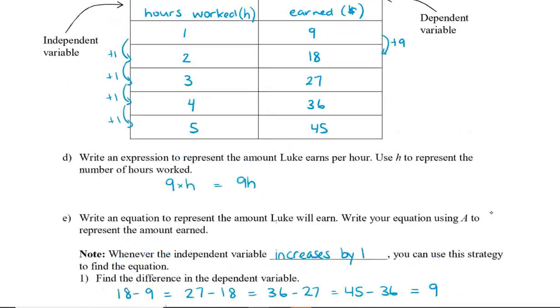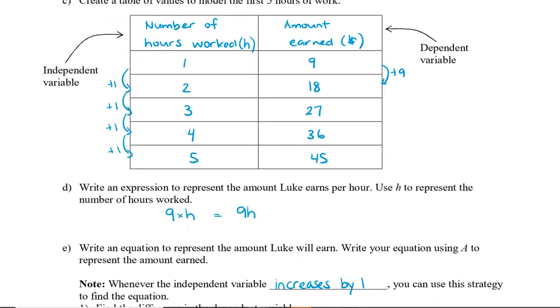Now in this case, if I do keep continuing my table but going backwards, so we're going to go here, this would be subtracting 1, we would have 0 hours. Here we would subtract 9, and we would then end up with also $0.